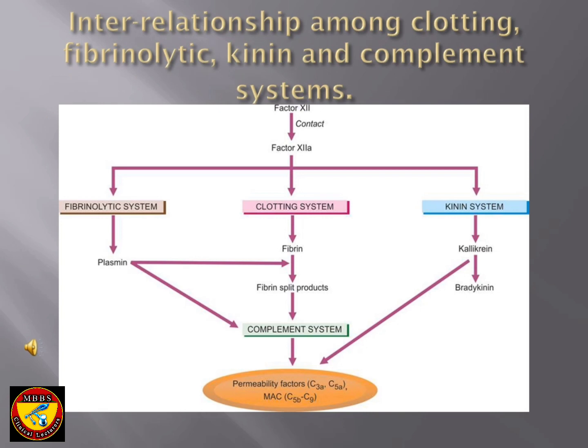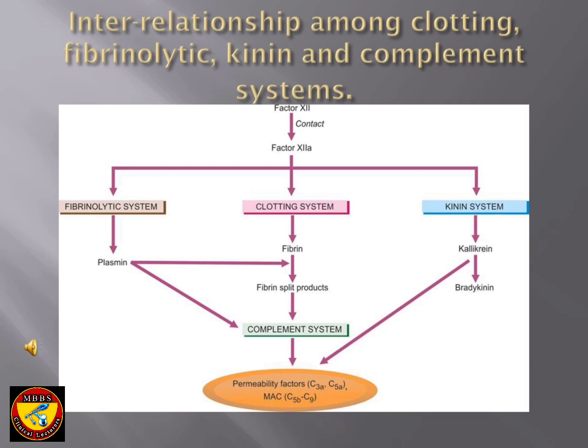Now this is the interrelationship among clotting, fibrinolytic, kinin and complement systems. It starts from the activation of factor 12. The activated form is called factor 12A when it contacts the in vitro or in vivo stimulating factors. After activation of factor 12, it can go to the clotting system, it can produce the kinin system and it can produce the fibrinolytic system.